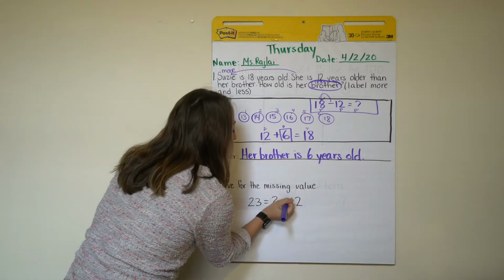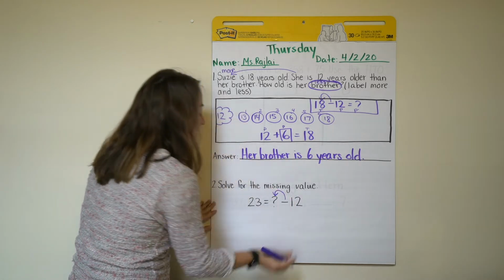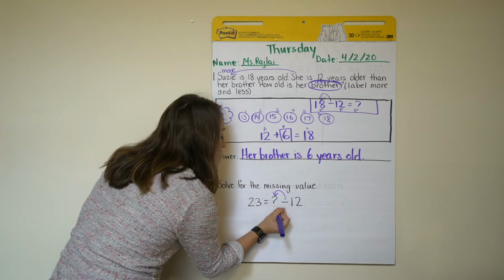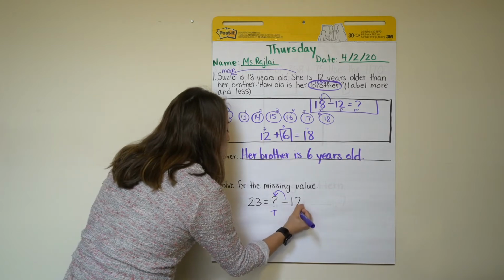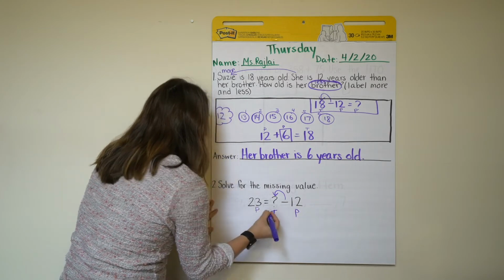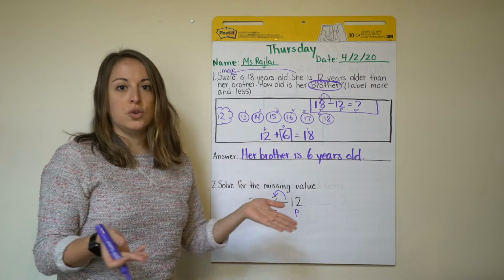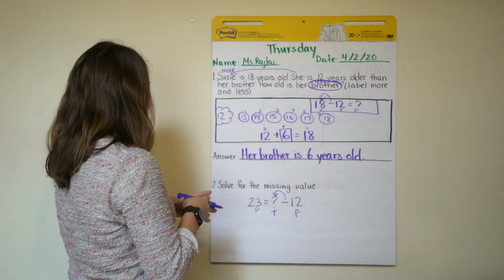Your total, again, goes before the minus sign. So I'm actually missing my total, and I have my parts. And when you don't have your total, you have to add your parts.